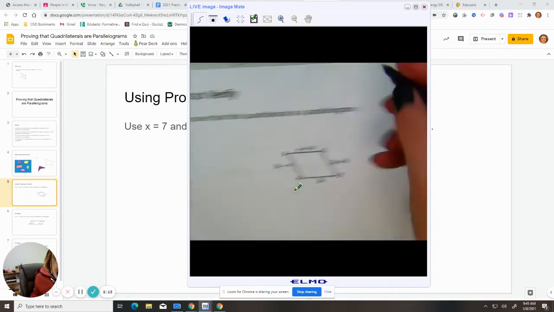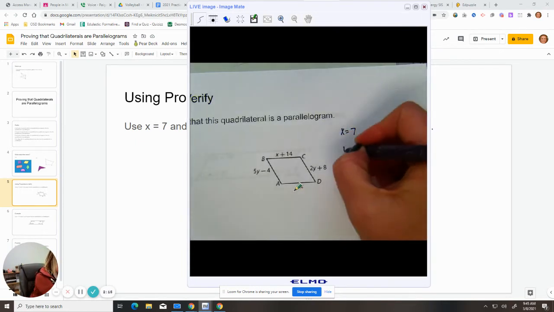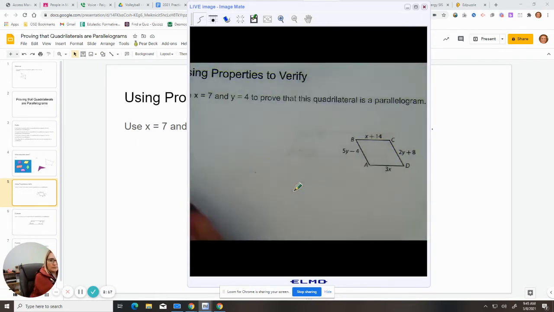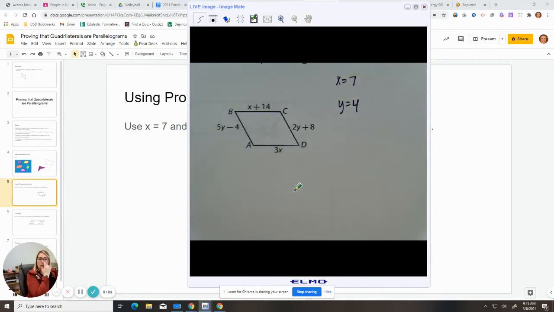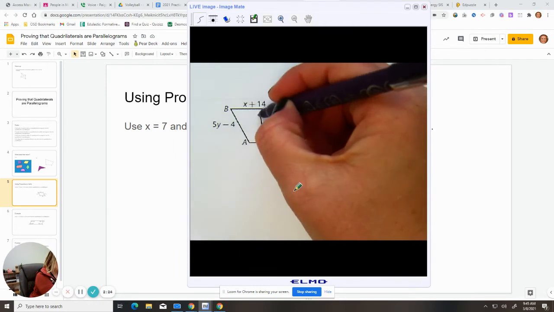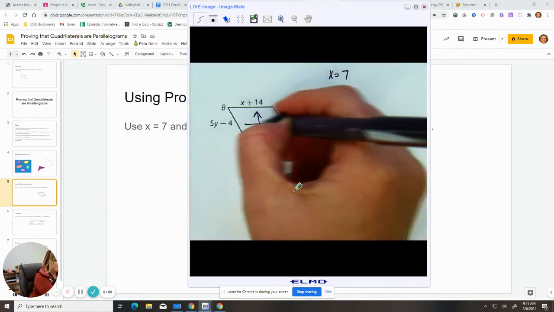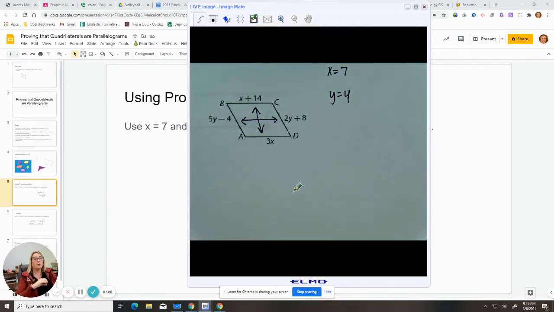So we're going to use x equals 7 and y equals 4. I'm just going to write it over here so we can zoom in a little more. You'll notice that the x's are on these two sides, and the y's are on these two. So you're going to be proving it 2 times, because in order to prove a parallelogram, you need to prove that it works for both sets.